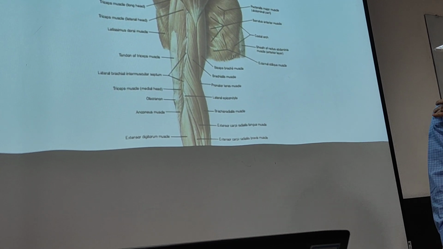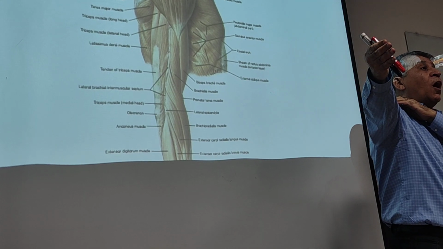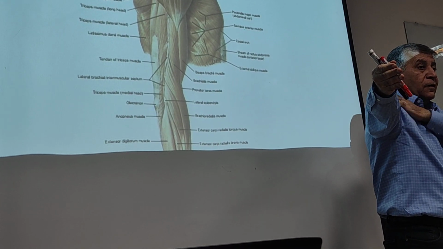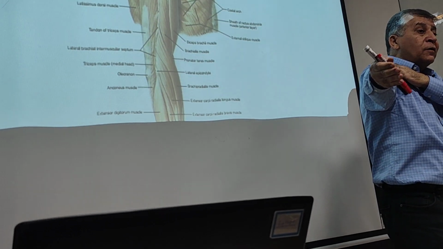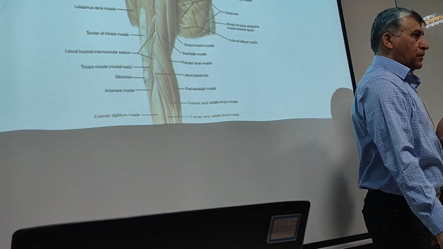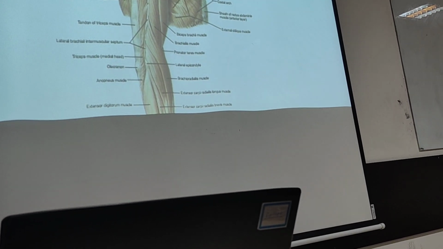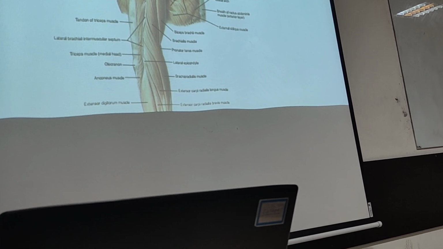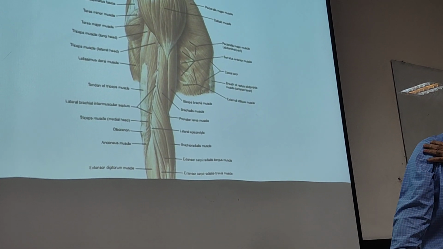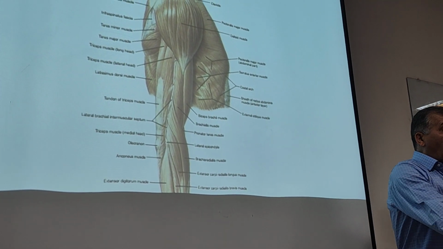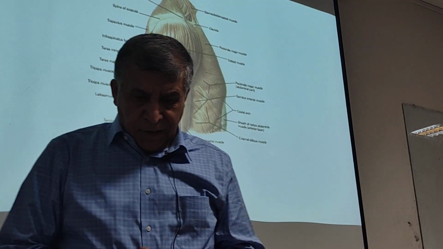The function of the deltoid is flexion, extension, and abduction at the shoulder joint, the glenohumeral joint. Flexion, extension, or abduction of the shoulder joint or of the arm all have the same meaning.